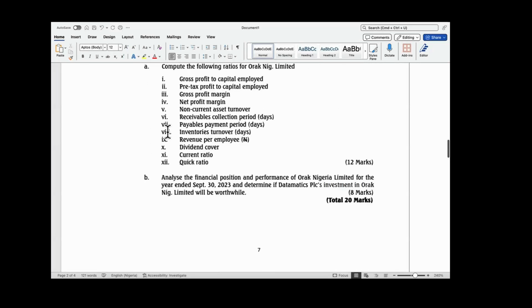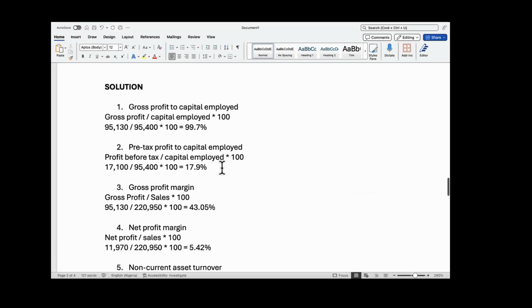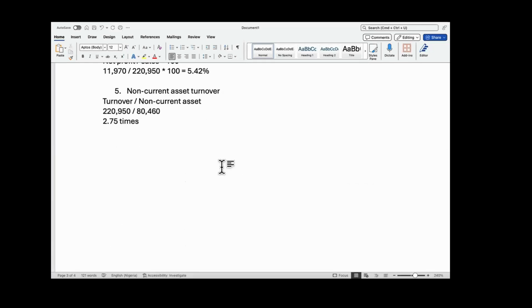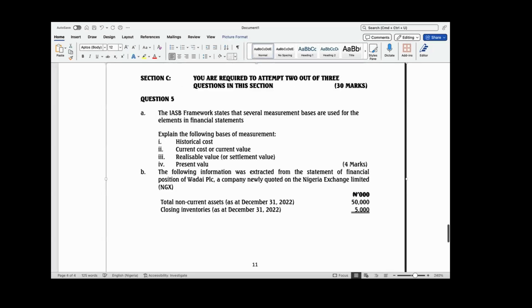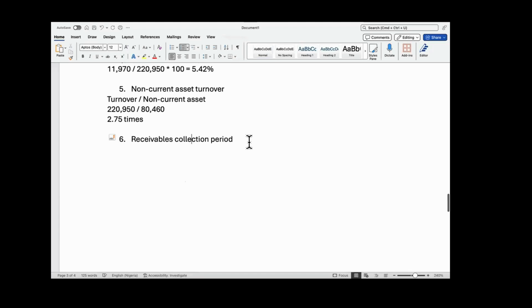Now, the next one is receivables collection period in days. They put in brackets days. Number 7, receivables collection period. So what would this mean? Receivables over credit sales.